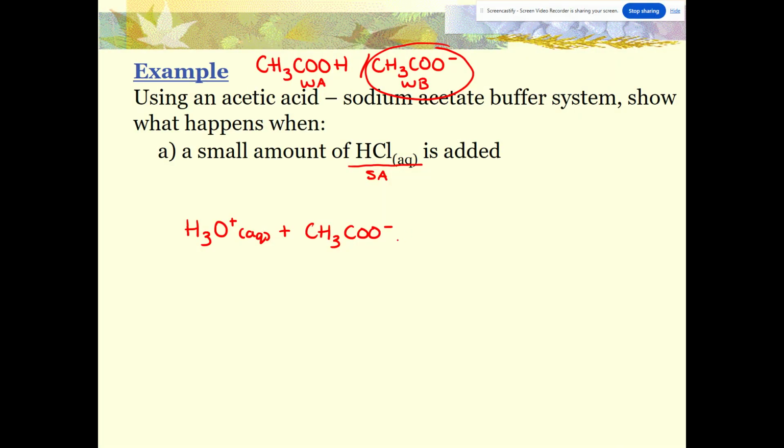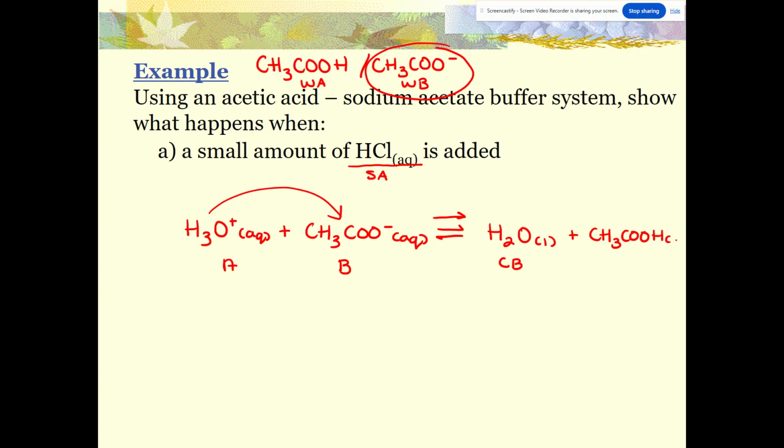Okay, so essentially almost like predicting a reaction. You list what you have, you pick the strongest acid and the strongest base. The strongest base would be the weak base of the system. We transfer our hydrogen from the acid to the base, and now I produce water, which is the conjugate base of the acid, and I'm making acetic acid, which we already had large quantities of.